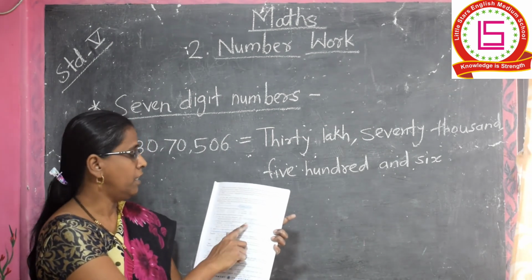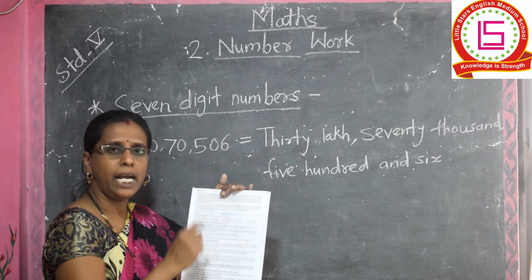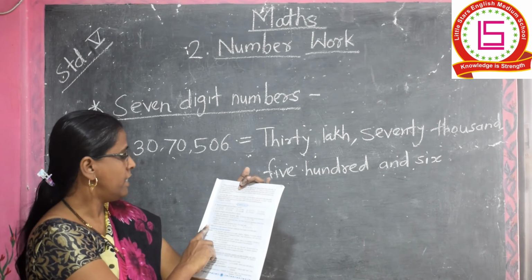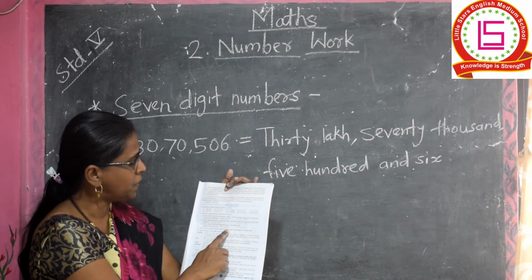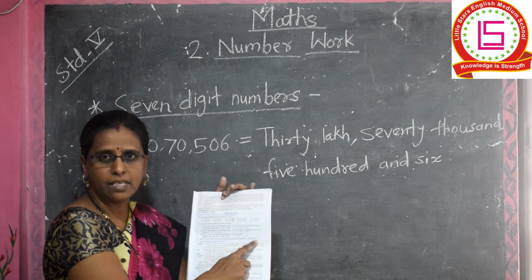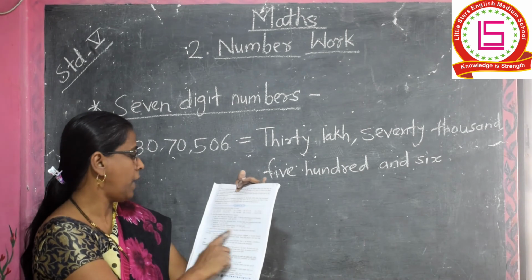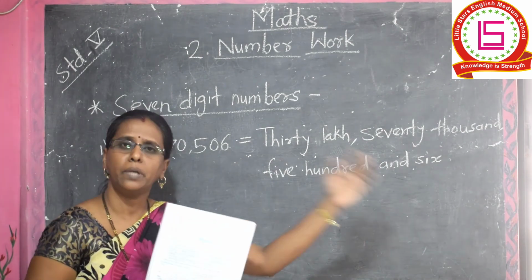In this question, the numbers given in words, you have to write in only figures. And last question, make 5 6-digit numbers using any of the digits 0 to 9, each digit only once. At the last question, we have to write the 5 6-digit numbers by using 0 to 9 digits.